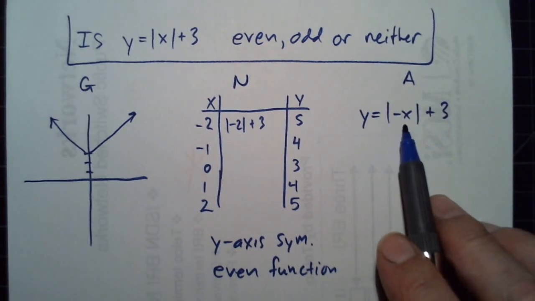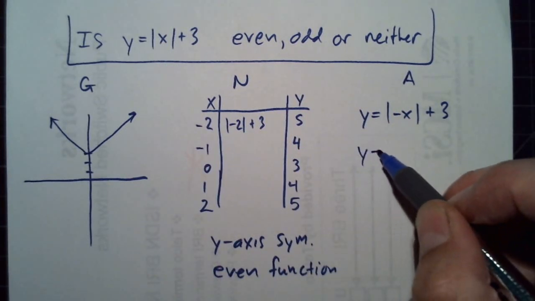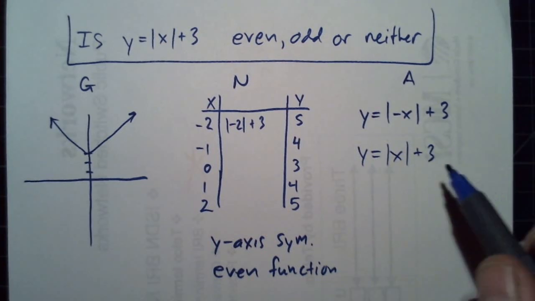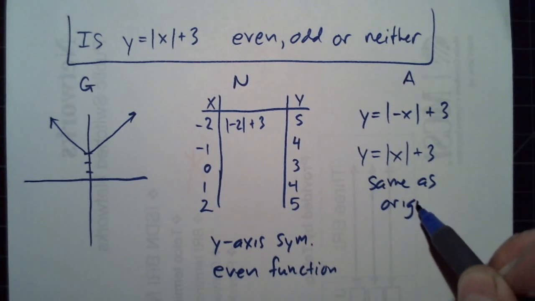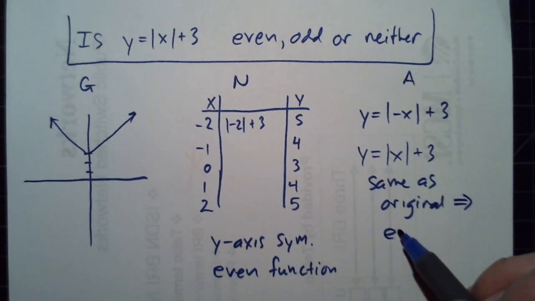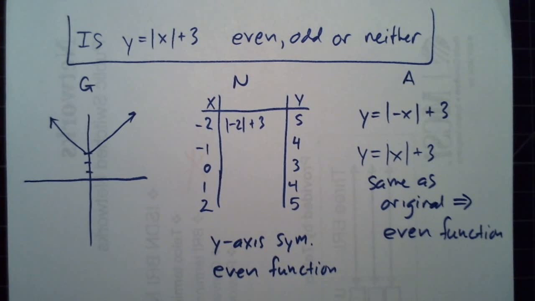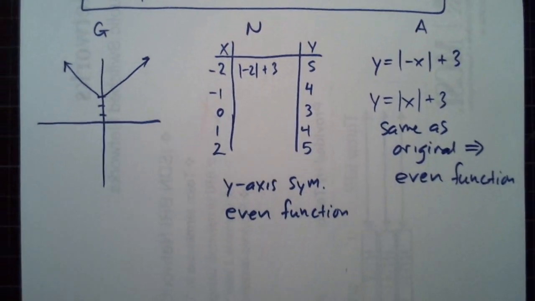If you substitute a negative x for the x, and we get the same thing, which we do here because it's absolute value, same as the original equation, means we have an even function.